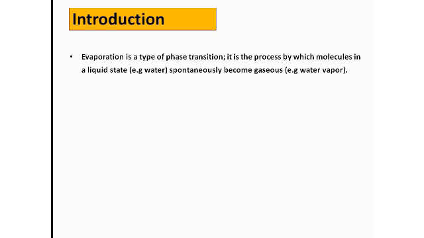Phase transition means it is the process by which the molecules in the liquid state, I repeat, the molecules in the liquid state, in case of water, get spontaneously converted into the gaseous form, that is the water vapor, right? And the equipment which are used for the process of evaporation are known as the evaporators, which are used in the pharmaceutical industry.